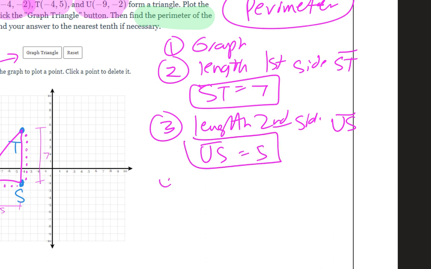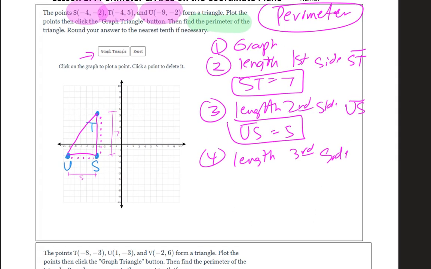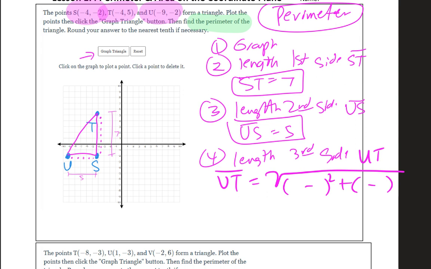Okay, now here's the toughest part. We need to find our third side. The length of that third side is going to be UT. UT is going to be equal to, now this is a diagonal, right? So we have to use the distance formula: the quantity of the difference in x squared plus the difference in y squared.